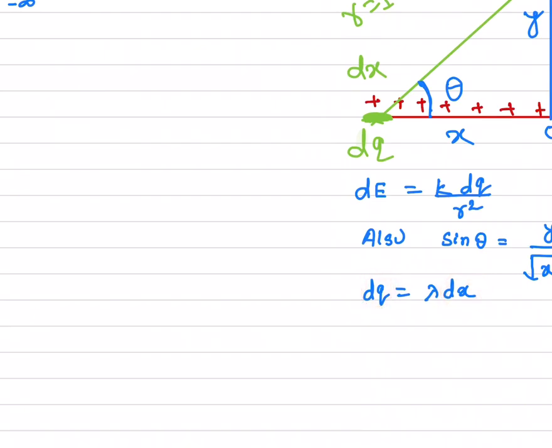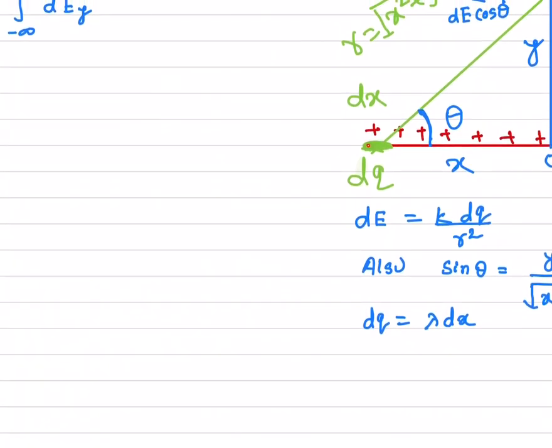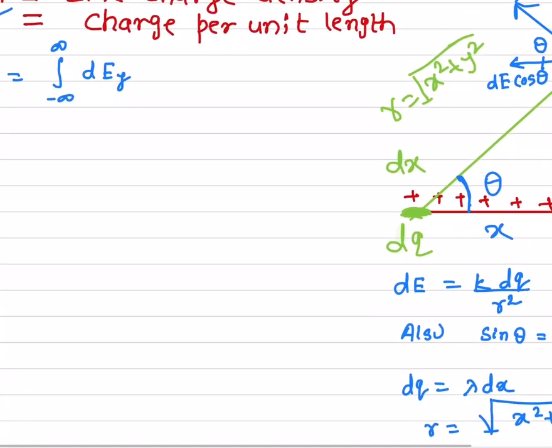So if you multiply by the length, this will give you the total charge onto this tiny length, which is dx. Okay. And one last note, I think we already have made it. r is equal to the square root of x squared plus y squared.